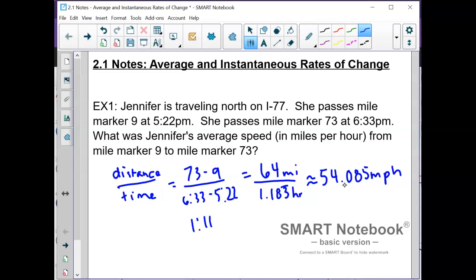So this is average rate of speed. One thing I want you to notice here is that this 73 minus 9 over 6:33 minus 5:22 is a slope formula, because if we think of this with our x being our time and our y being our distance, then we have found the slope between the 2 points on the graph here.